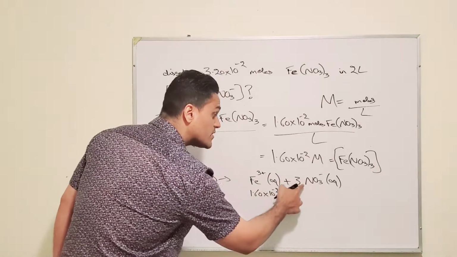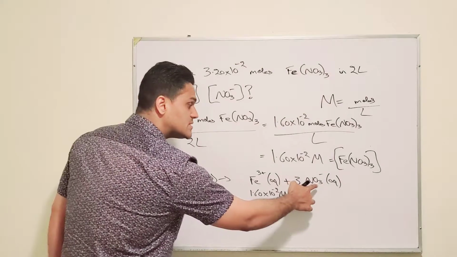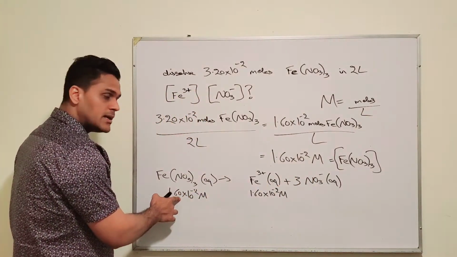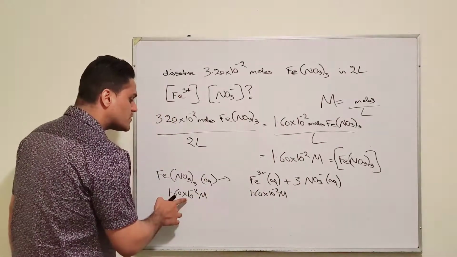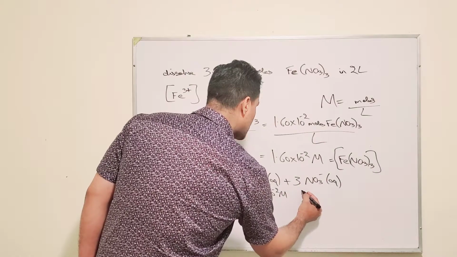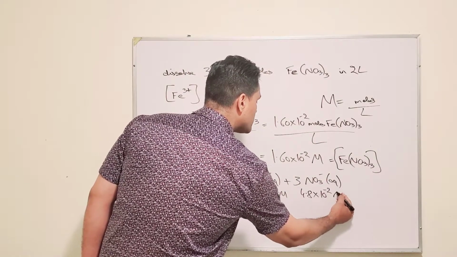But NO3 minus has a 3 in front, and this one just had 1 in front. That means the concentration of NO3 minus is going to be 3 times that much. So it's going to be 3 times 1.6 times 10 to the power minus 2, which is just going to be 4.8 times 10 raised to the power minus 2.